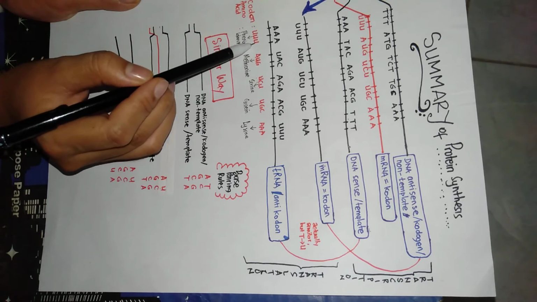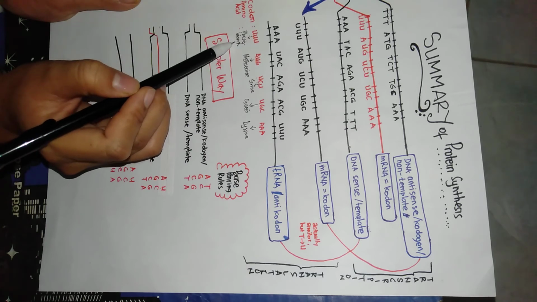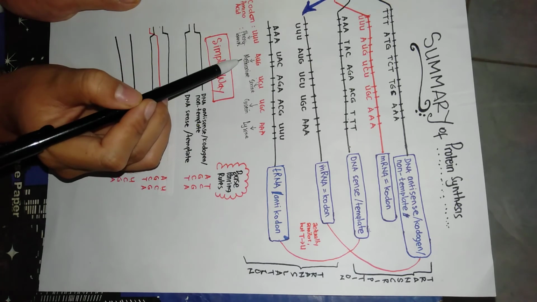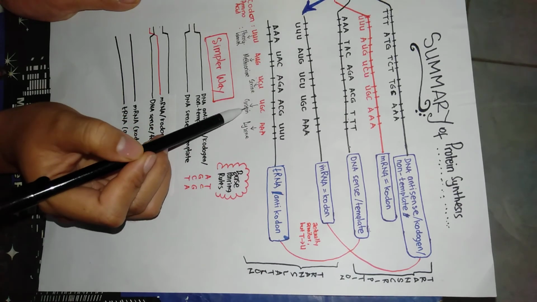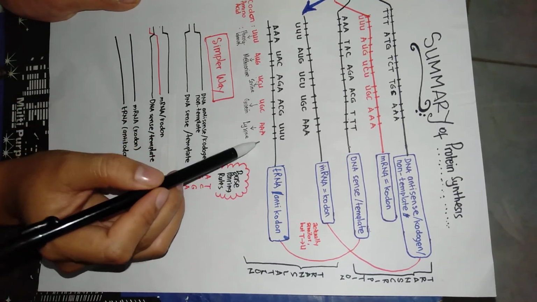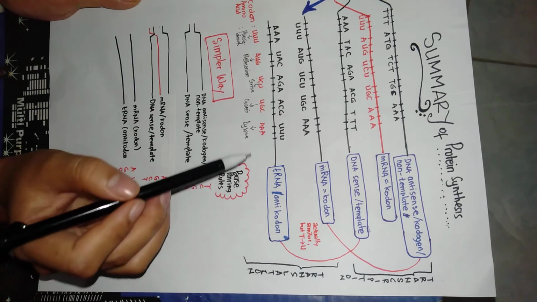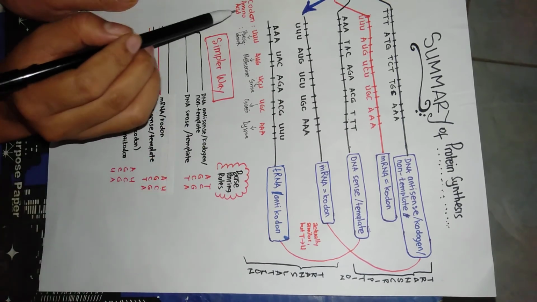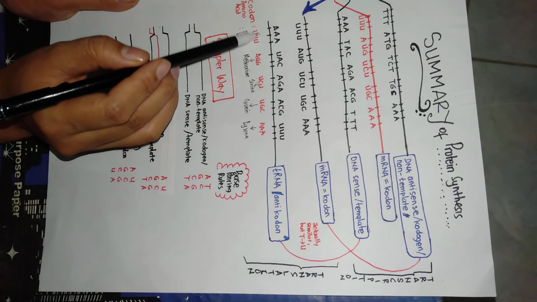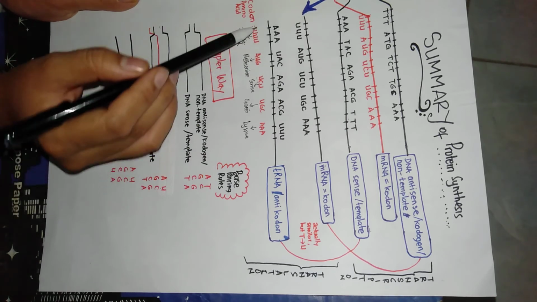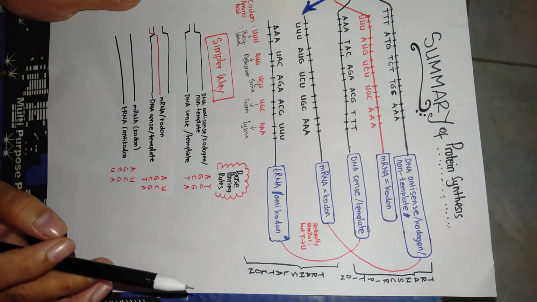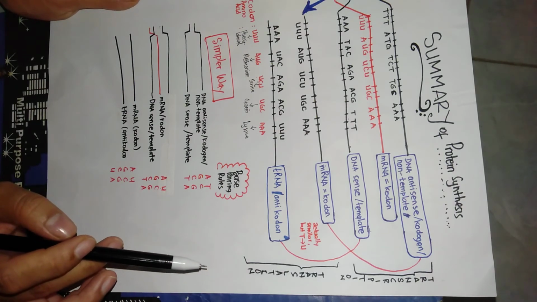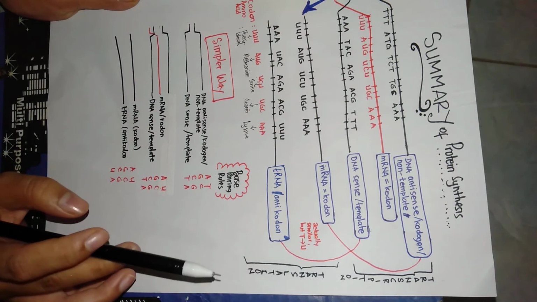UUU is phenylalanine. AUG is methionine. UCU is serine. UGC is cysteine. AAA is lysine. How can we find the amino acid from these triplets? I'm going to share the table of genetic codes.